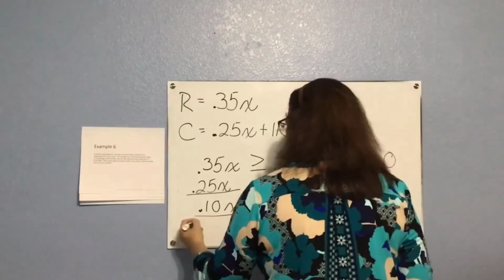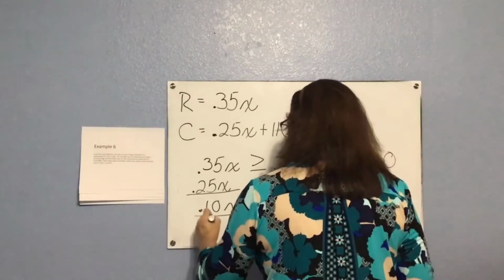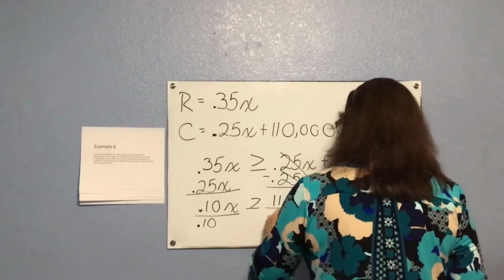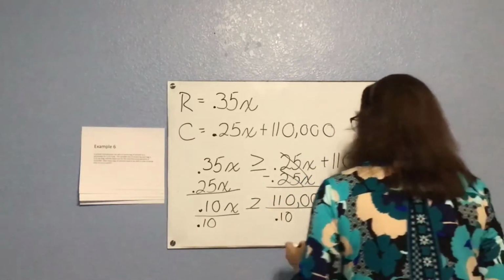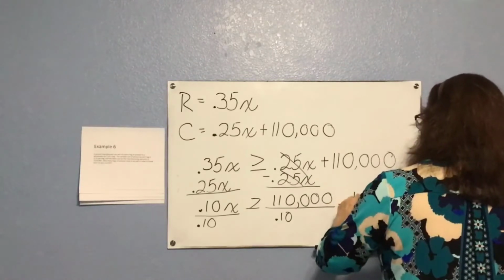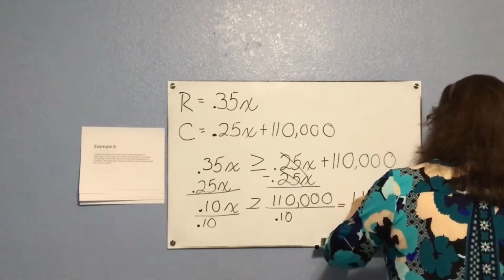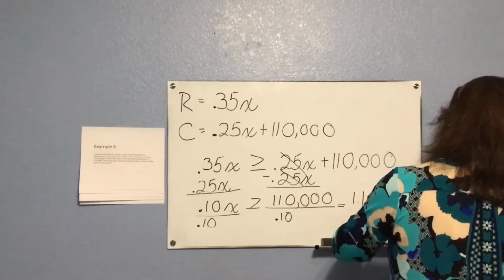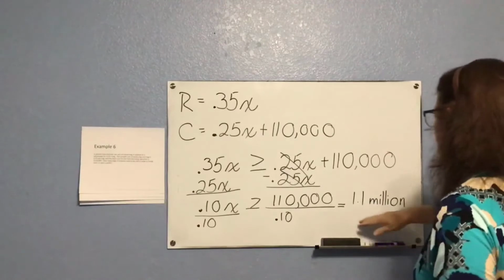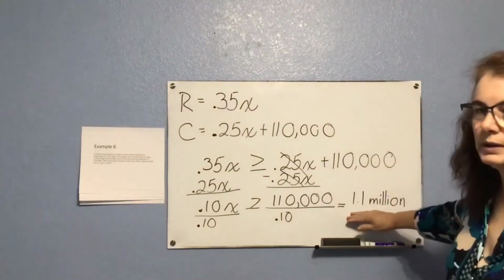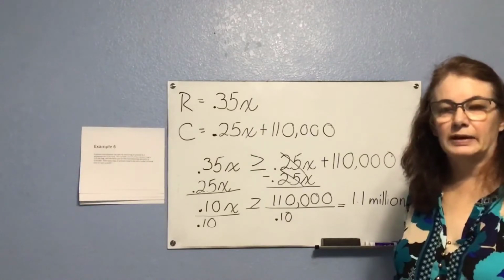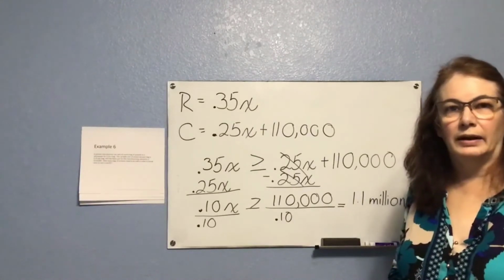So then I have to divide by 0.10. And when I divide by a number less than 1, remember that I always get a larger number. So now I have 1.1 million. Okay, so I have to produce 1.1 million bags of pretzels just to break even. Anything greater than that, I'll get a profit.